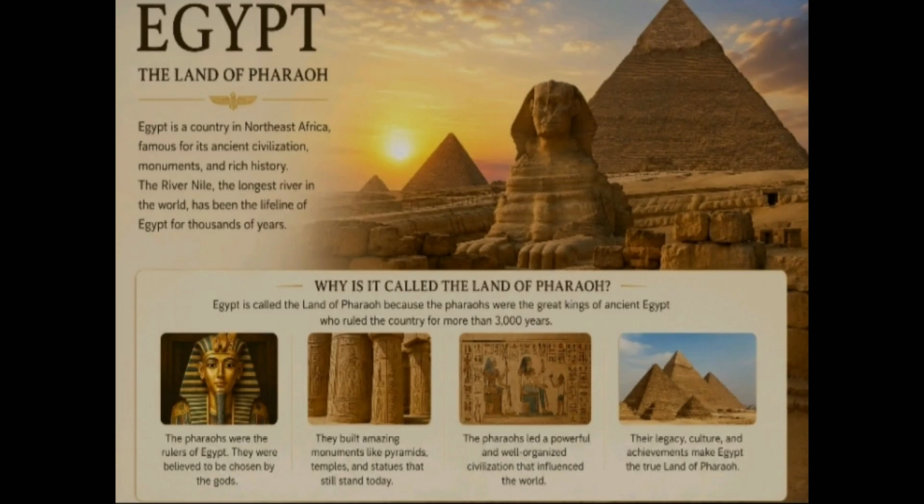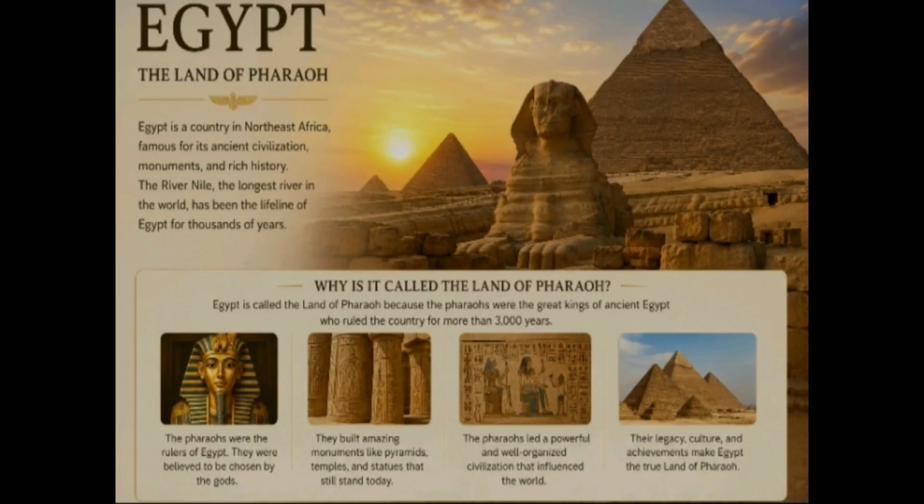Under their rule, many remarkable structures such as pyramids, temples, and statues were built. The achievements of the Pharaohs, along with their rich culture and advanced civilization, continue to fascinate people even today. This is why Egypt is proudly known as the land of the Pharaoh.